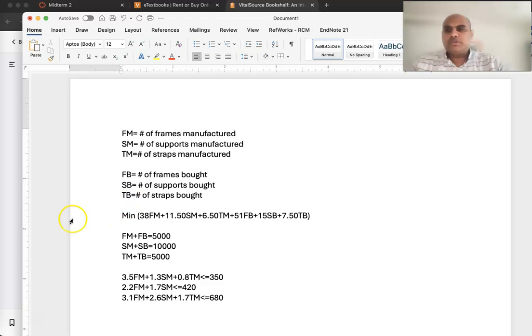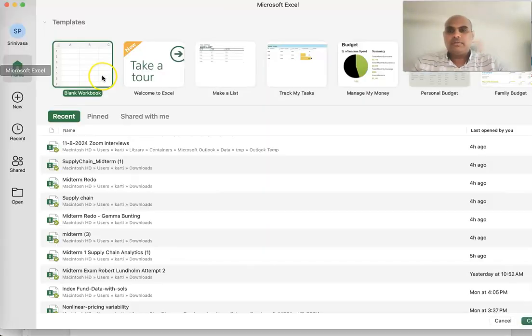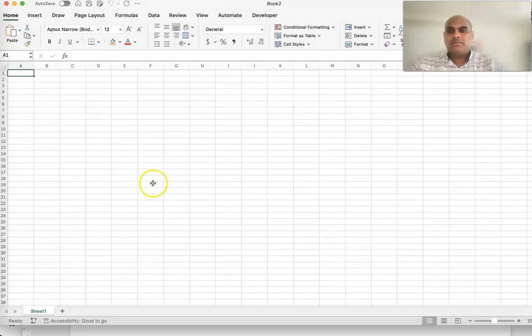Okay, so let's put this into the solver and solve it.